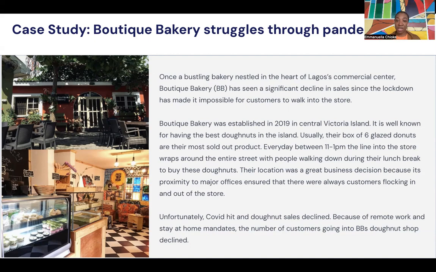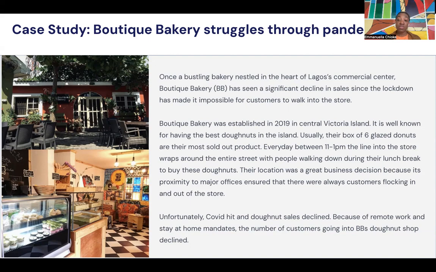Once a bustling bakery nestled in the heart of Lagos's commercial center, Boutique Bakery has seen a significant decline in sales since the lockdown has made it impossible for customers to walk into the store. Boutique Bakery was established in 2019 in central Victoria Island. It is well known for having the best glazed donuts in the land.